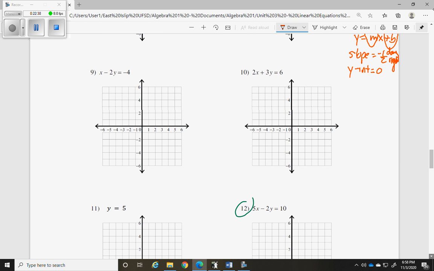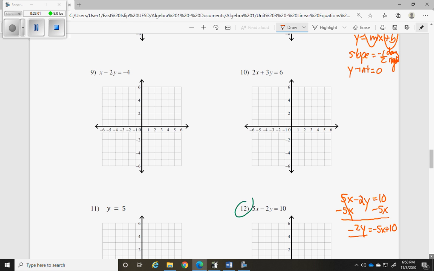Number 12 is another equation that has to be solved for y. So 5x minus 2y equals 10. Let's subtract 5x from both sides. Negative 2y equals negative 5x plus 10. Let's divide both sides by negative 2.